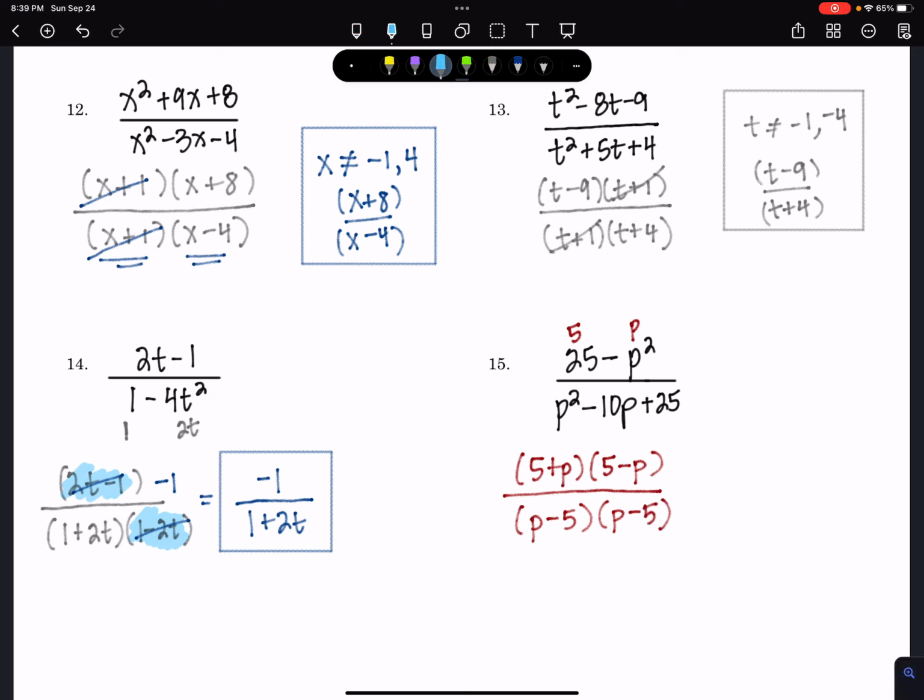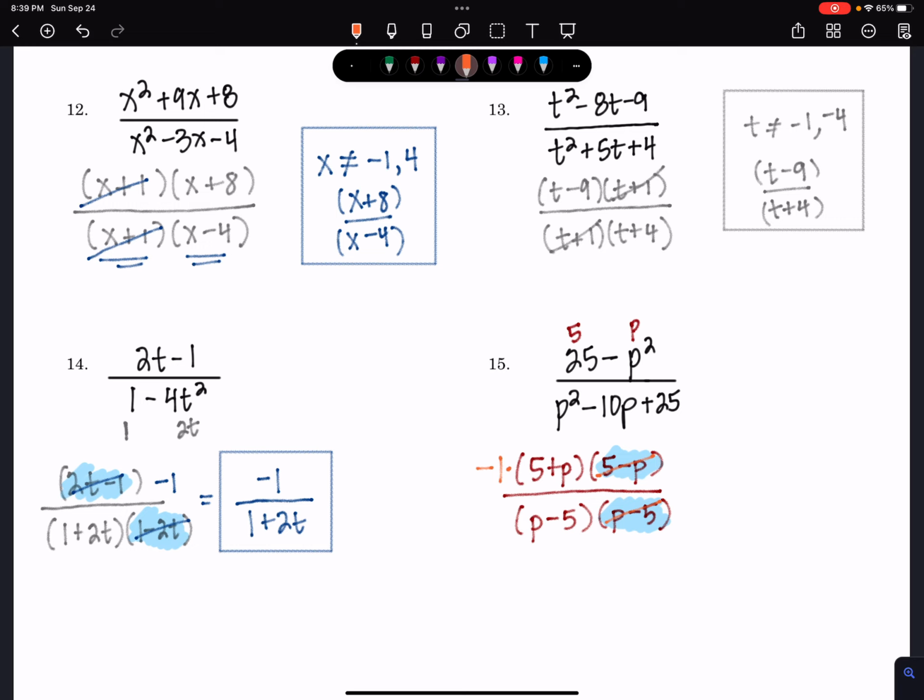Now I see it again. 5 minus p is the exact opposite of p minus 5. So when I cancel those out, I'm going to replace that with a negative 1.